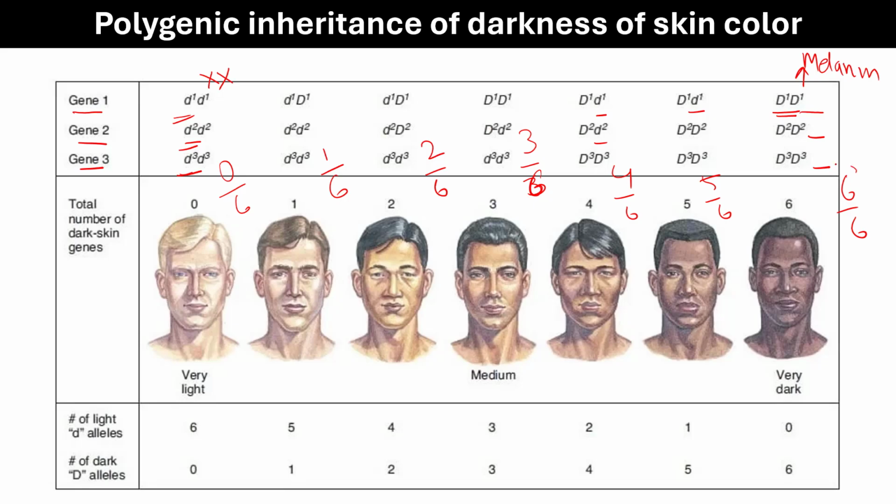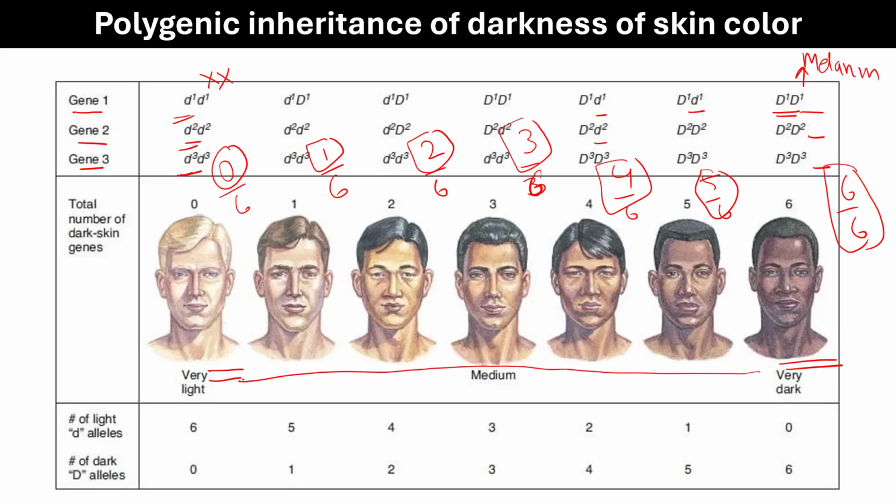So here 6 alleles are producing melanin. Here only 5, here only 4, here only 3, only 2, only 1, and 0. So if a lot of melanin is produced, the skin will be darker. If less melanin is produced, there will be less darkness of the skin, and you can see that the darkness is reducing as the number of capital D's is reducing.